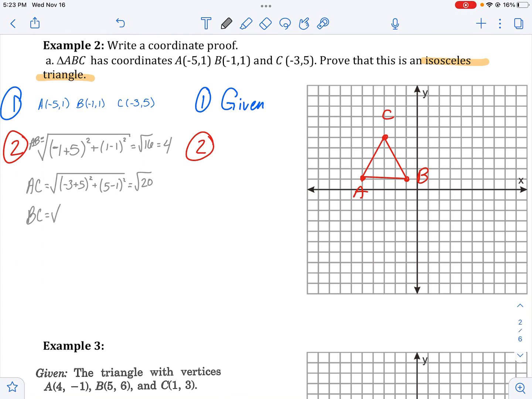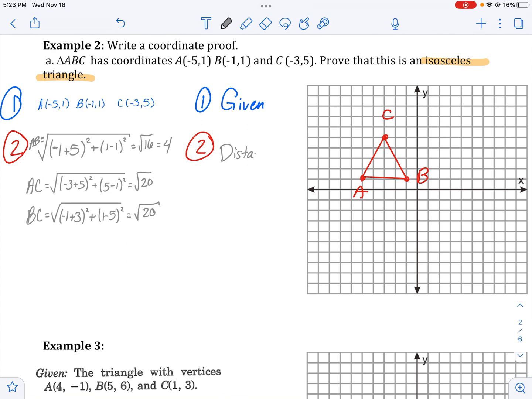And BC, if I find the length of BC, I have -1 plus 3 squared plus 1 minus 5 squared. So that would be the square root of 20 as well.